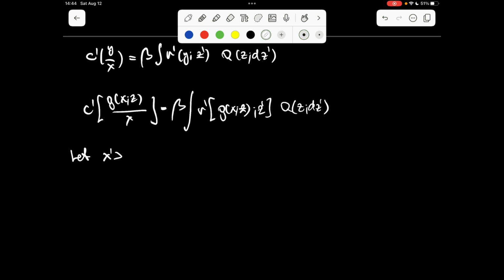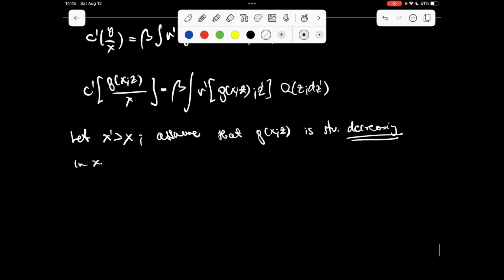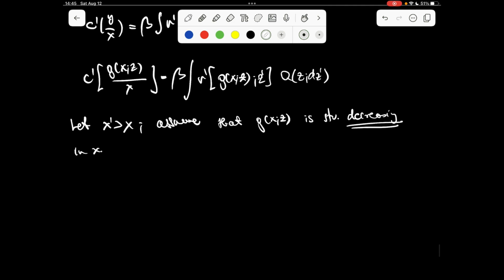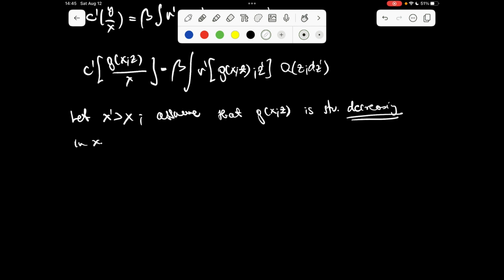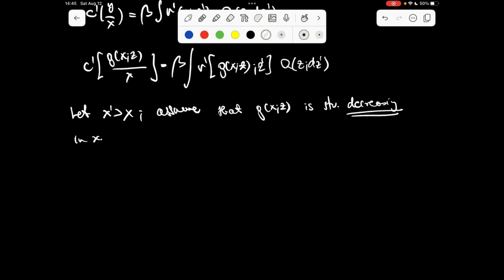Let x prime be higher than x, and let's assume that the policy function is strictly decreasing in x. And let's try to find a contradiction. So now we assume that policy function g is strictly decreasing in x.